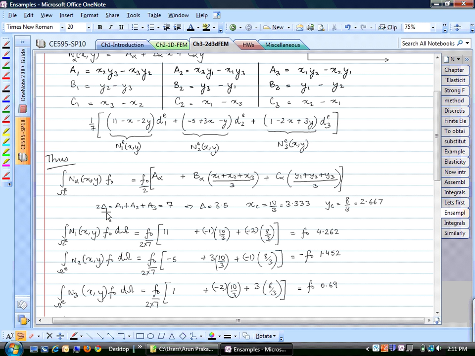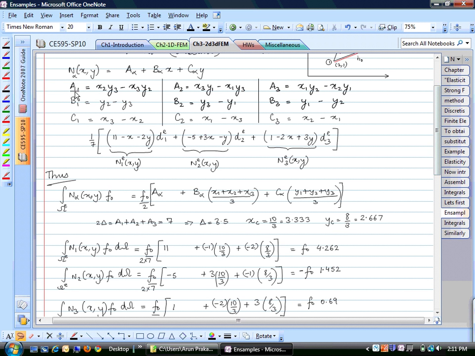If you go back to that lecture, we also said that the sum of A1, A2, A3 is going to be the determinant of that matrix, and that determinant was twice the area of the triangle. So we know that 2 delta is going to be A1 plus A2 plus A3, which in this case turns out to be 7, and that's the denominator right here.